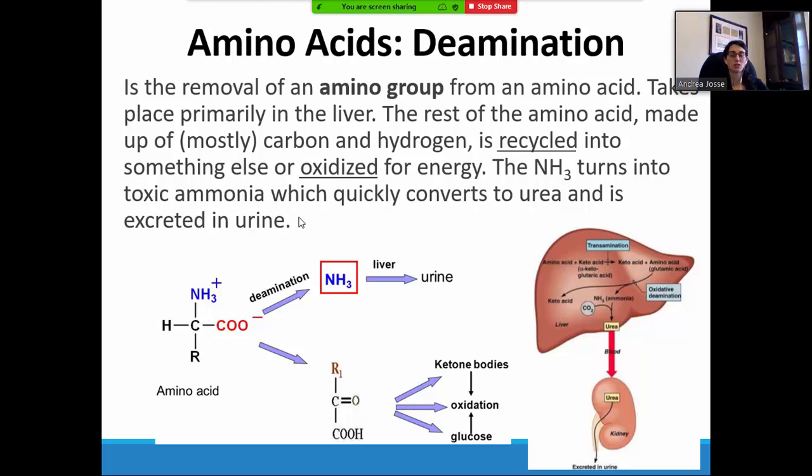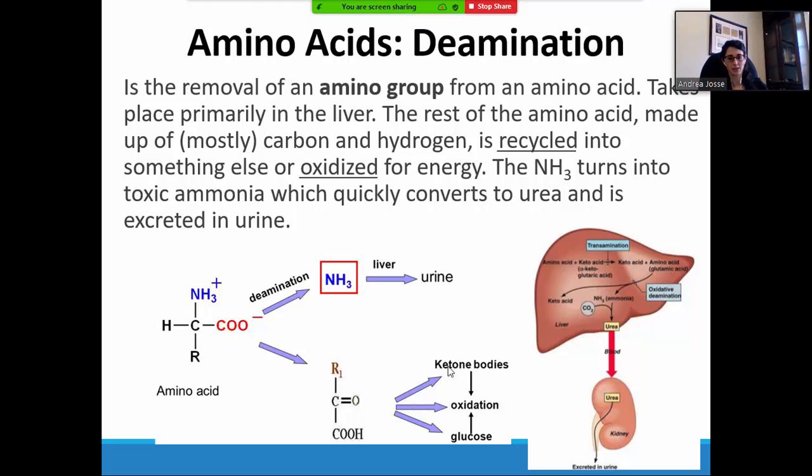Now, when we want to use amino acids for various different things, there's another process that our body undergoes, and this is called deamination. So in this case, our body is going to be using the amino acid to either make other substances.